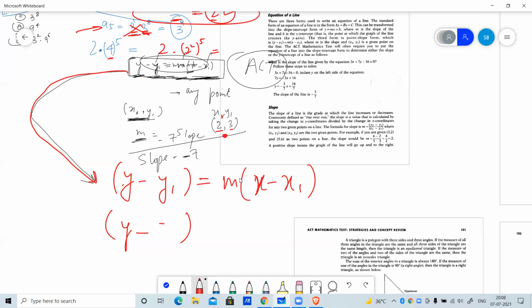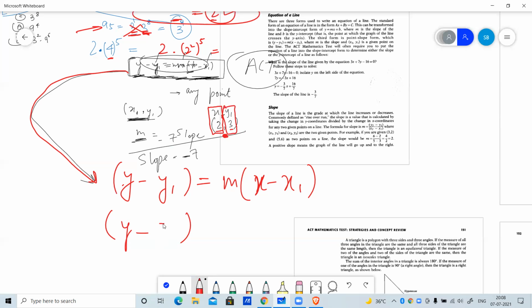Always, the first one will be the x coordinate and the second one the y coordinate on any point. So how much will x1 and y1 be? x1 is 2 and y1 is 3.